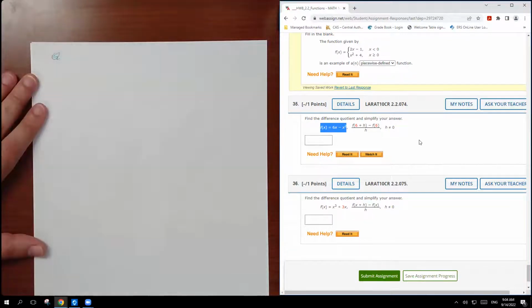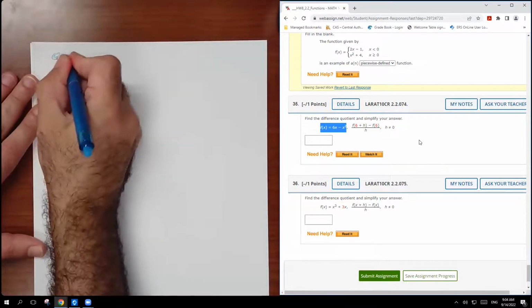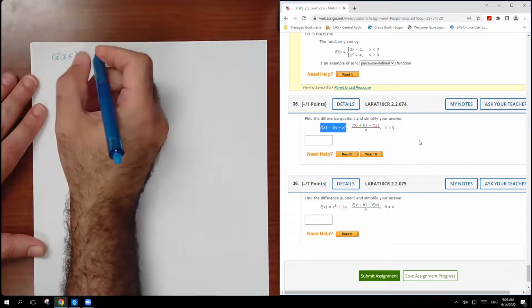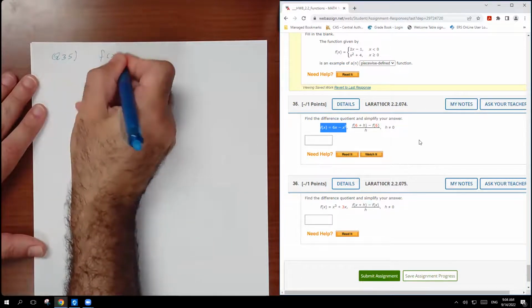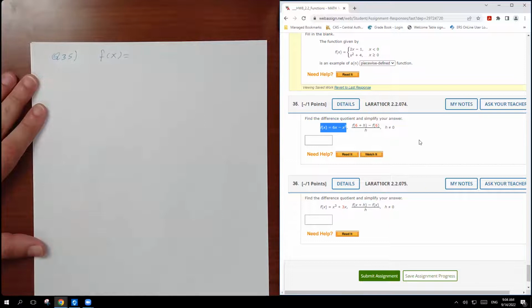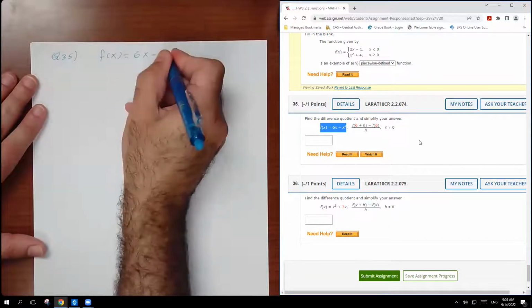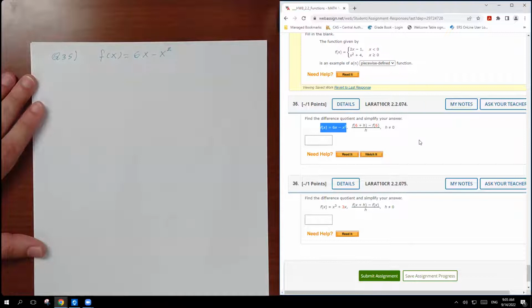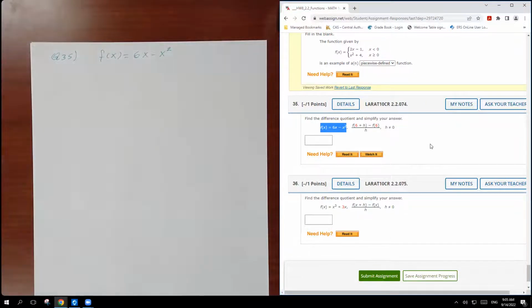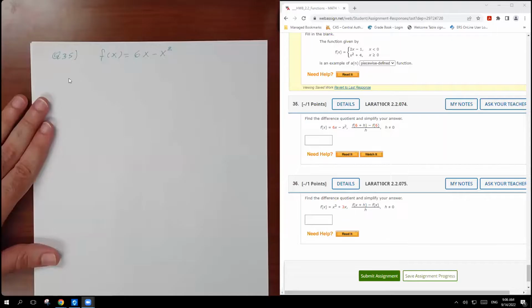Question 35. f of x equals 6x minus x squared. How are we going to use this difference quotient? So first of all, you see these two parts?